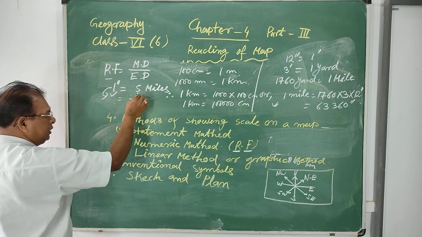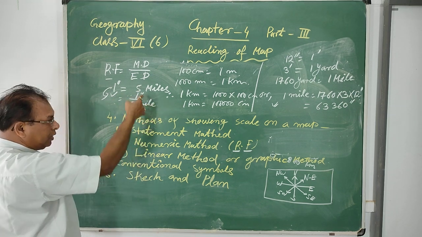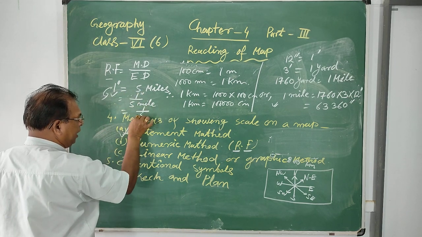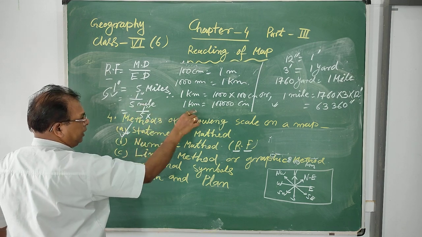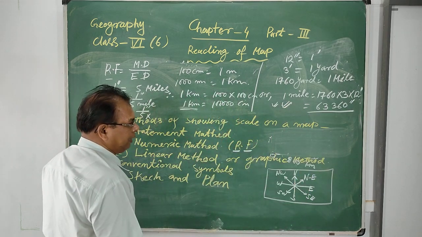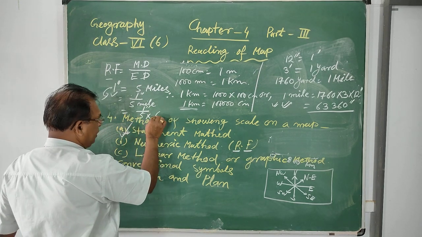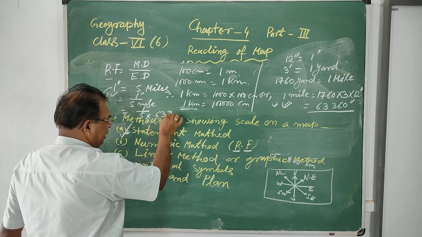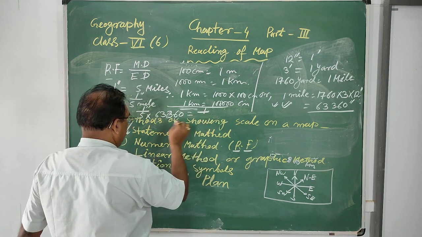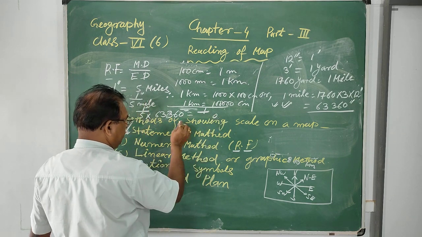MD is 1 inch and ED is 5 miles. 5 miles must also be converted into inches. So RF is equal to 1 inch by 5 miles, and 1 mile is equal to 63,360 inches. So 5 miles means 5 into 63,360.